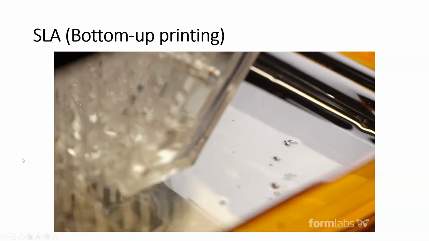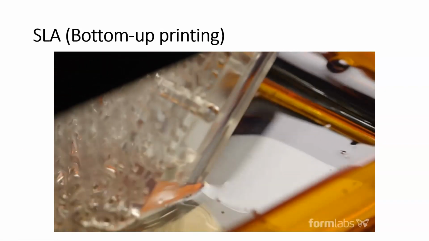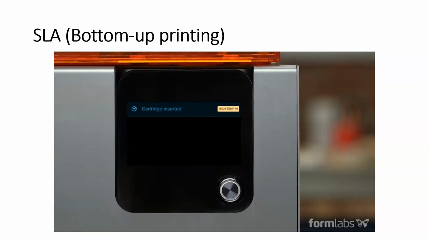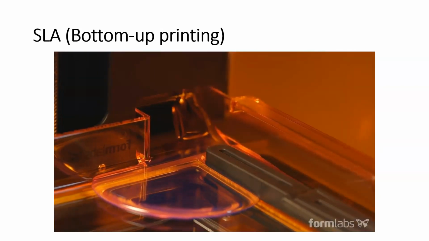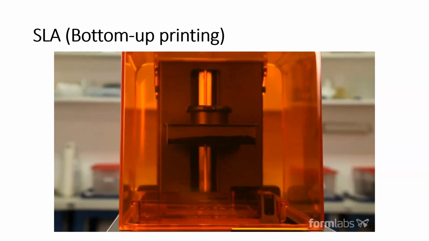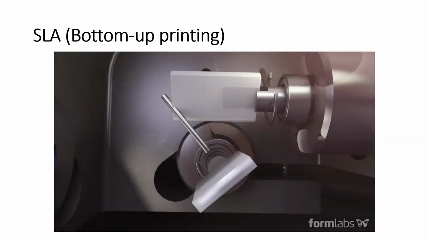Upside down, or inverted stereolithography, is the most common SLA system. Depending on the machine, resin is either poured into a tank by a user or dispensed automatically from a cartridge. At the beginning of the print, a build platform is lowered into the resin, leaving only a thin layer of liquid in between the platform and the bottom of the tank.